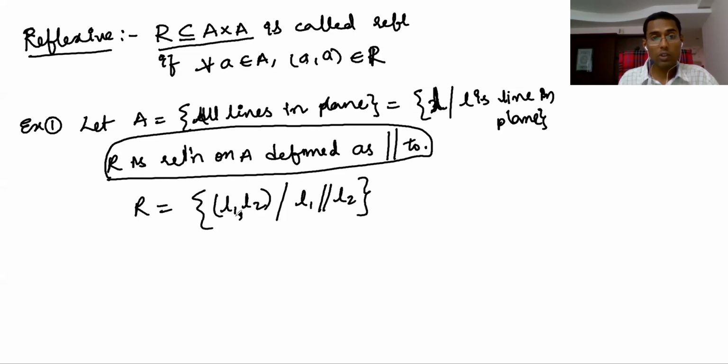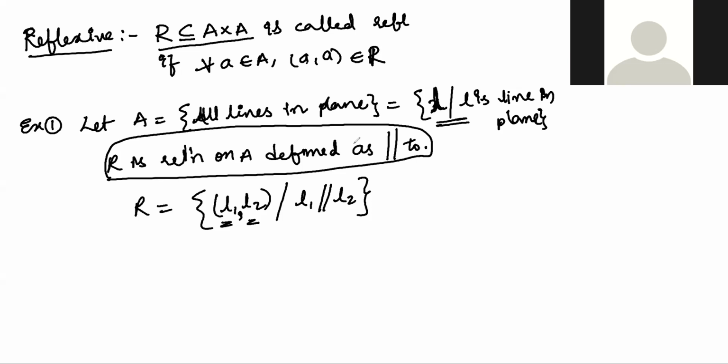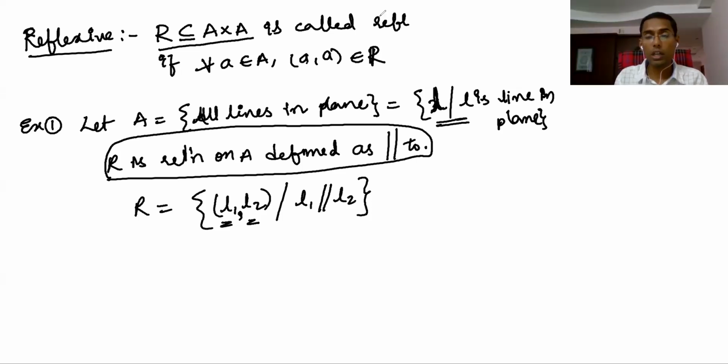From the set of lines, you take two lines. Which two lines are in our relation? Those lines which are parallel to each other. So the ordered pairs (L1, L2) are in our relation only when they are parallel.